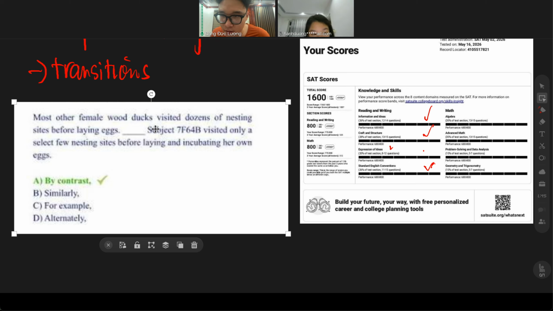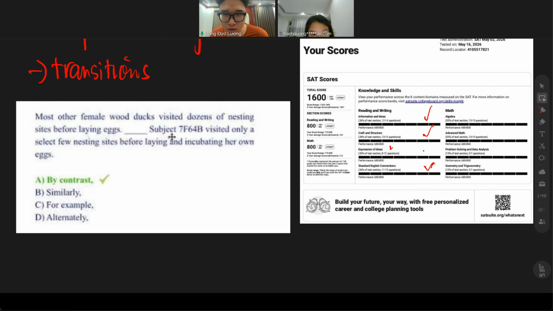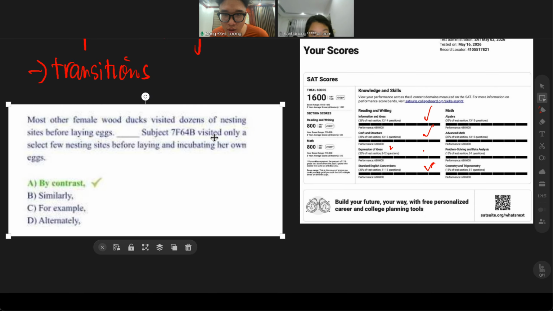The first says that most other female wood ducks visited dozens of nesting sites before laying eggs, and the second says the subject here visited only a select few nesting sites before laying her own eggs.